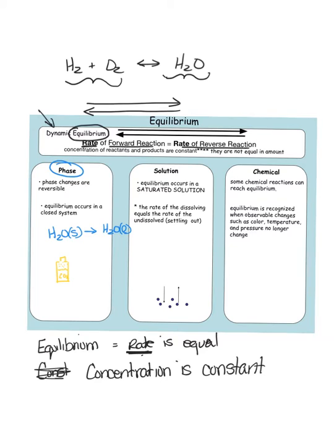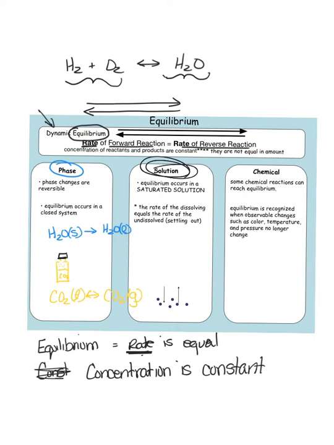Hopefully you can see this because it's awfully small. The CO2 liquid is becoming CO2 gas at the same time the gas is becoming liquid, and it only happens when that cap is on the bottle. So that's phase equilibrium.